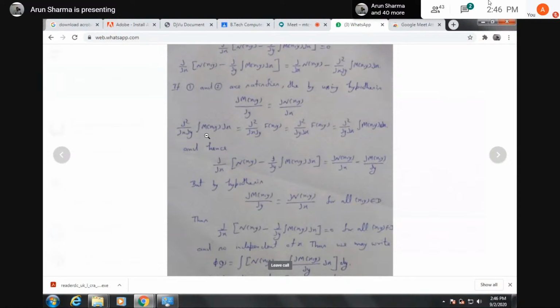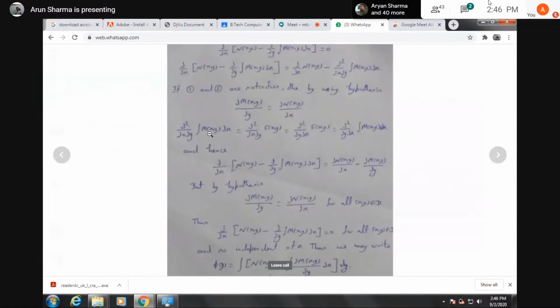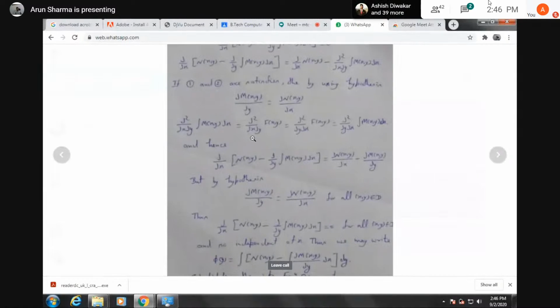Let me tell you one by one. This ∂²/∂x∂y of the integration of M(x,y), this I am considering, is the second expression of the first one. So this is equal to ∂²/∂x∂y, where I am replacing the integration of M(x,y) ∂x by f(x,y).